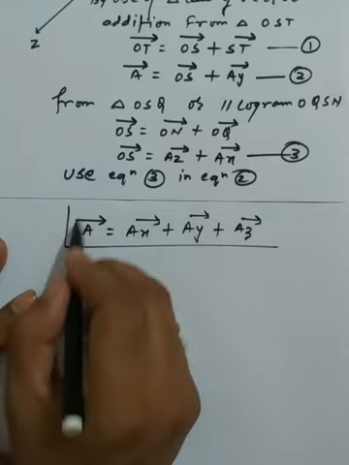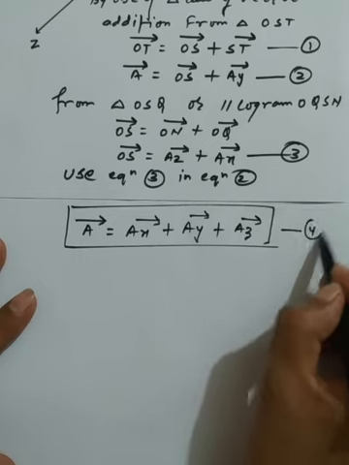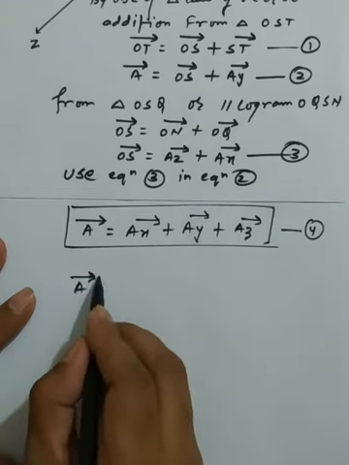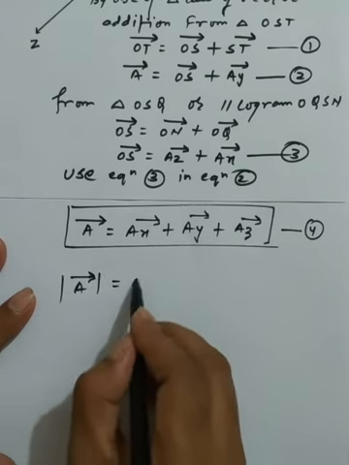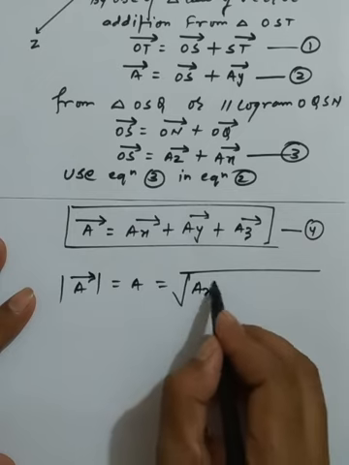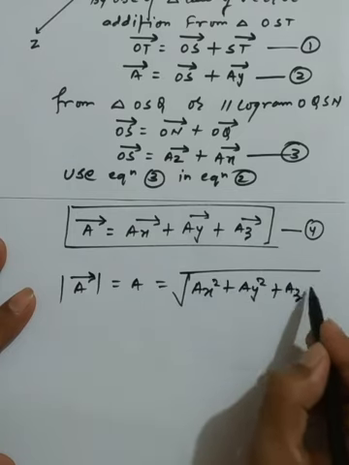It's simply the representation of a vector in three dimensions with the components AX vector, AY vector, AZ vector. This is equation number 4. So we can represent the magnitude of vector A, called the modulus of the vector, as simply AX square plus AY square plus AZ square.